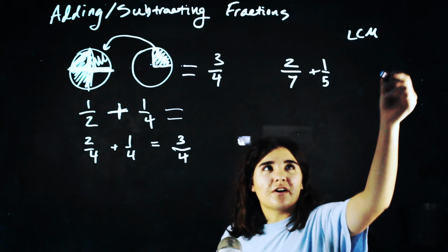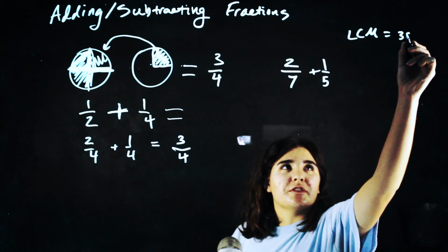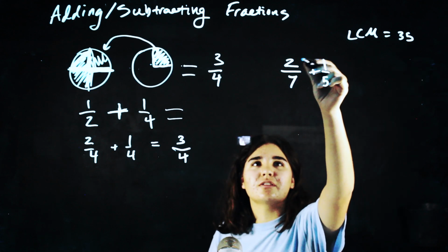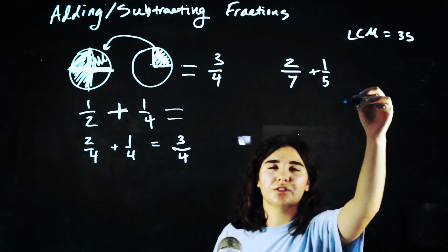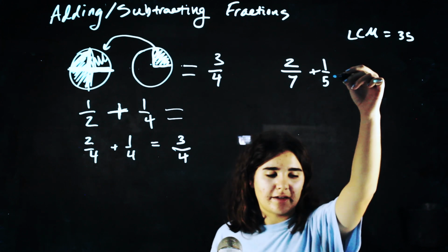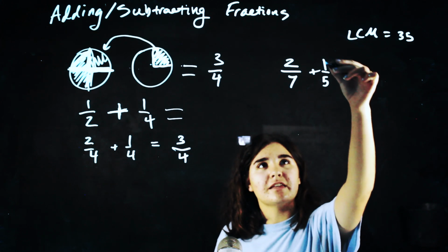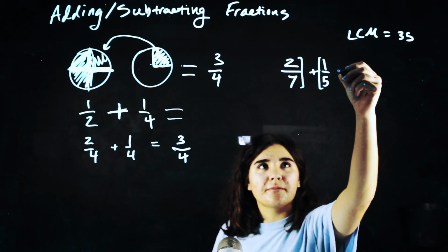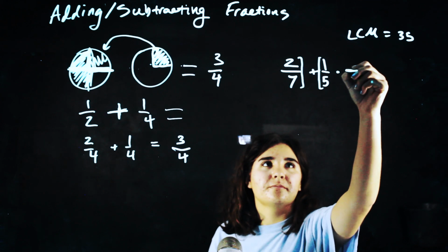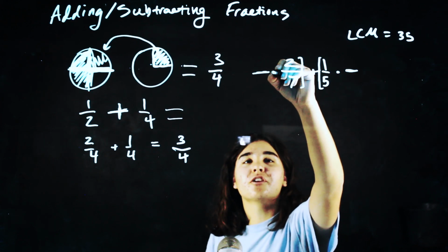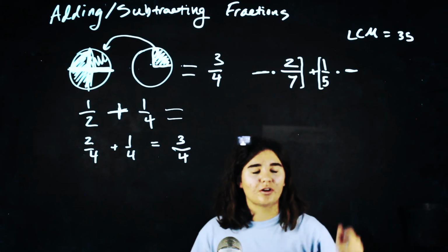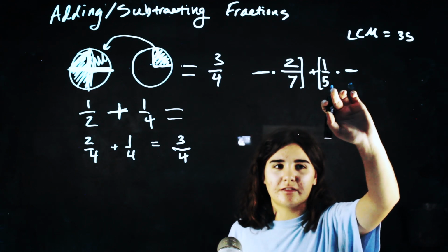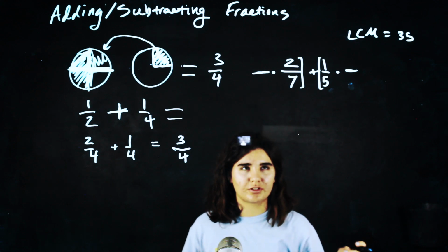So if 35 is the LCM, then we're going to want to convert both these fractions to have a 35 on the bottom. To do that, we multiply each fraction by some other fraction with the same number on the top and bottom to get the denominator equal to 35.